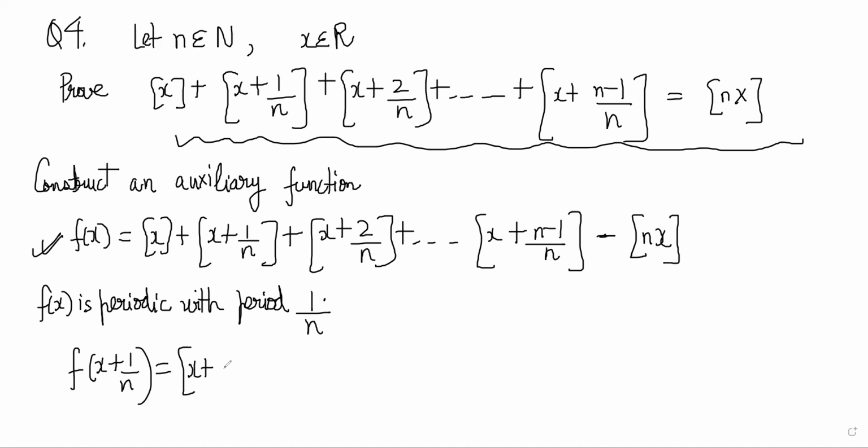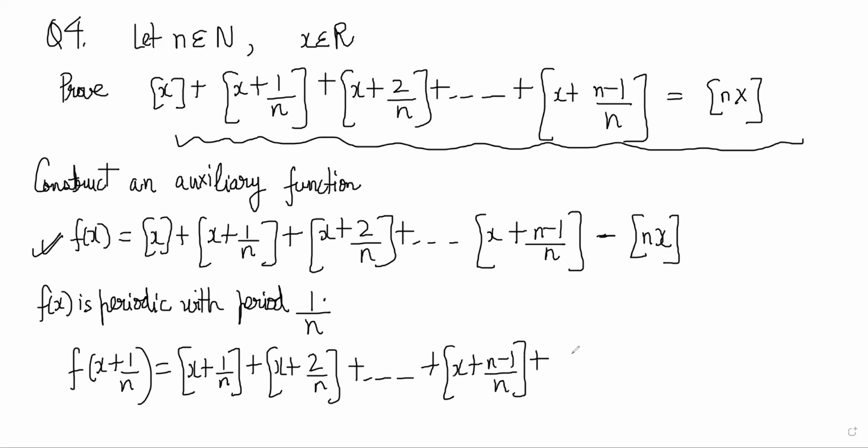It will become GIF of x plus 1 by n plus GIF of x plus 2 by n and so on plus GIF of x plus n minus 1 by n plus GIF of x plus 1, because when you add 1 by n to this, it will become n by n, minus GIF of nx plus 1. This is what I'm getting, right?